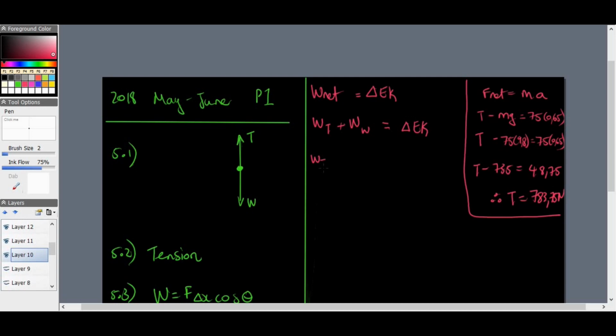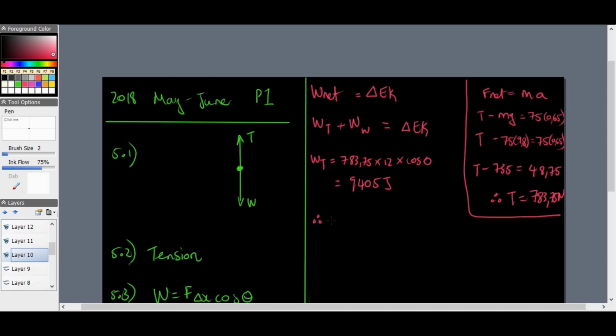The work done by tension is going to equal 783.75 multiplied by 12 multiplied by cos 0, which equals 9,405 joules.